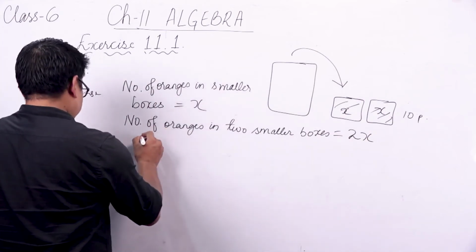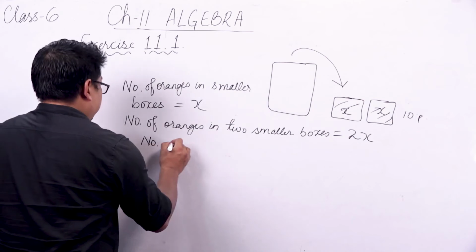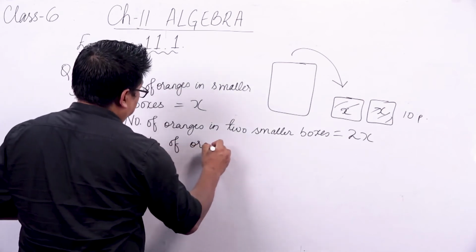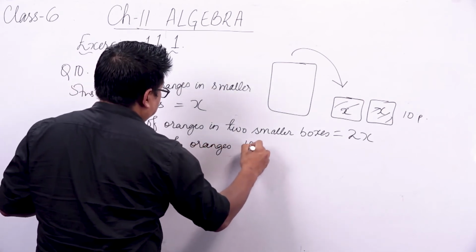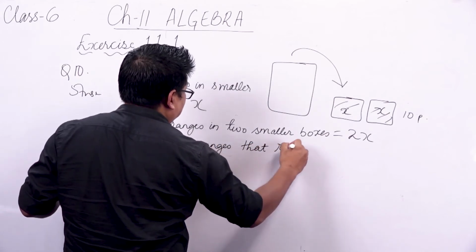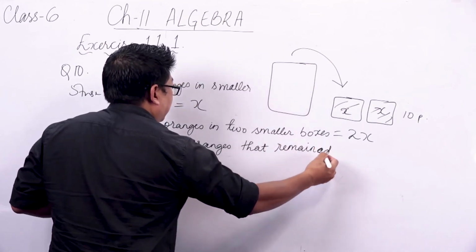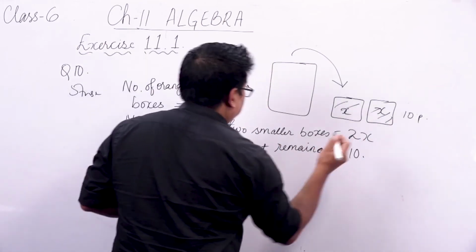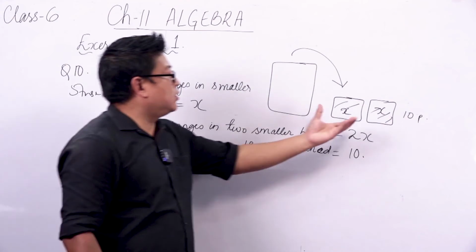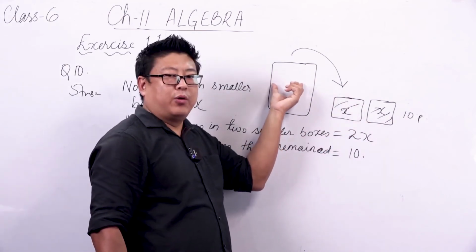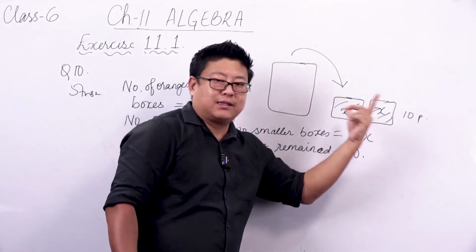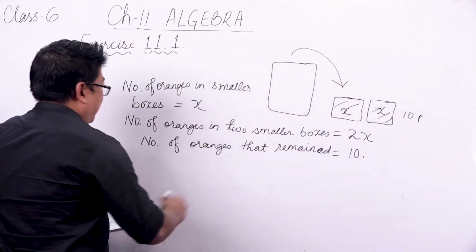Now, number of oranges that remained outside. We'll just write remained is equal to 10. So to find the total number of oranges that can go here, add this plus this. Okay? So what do we have?